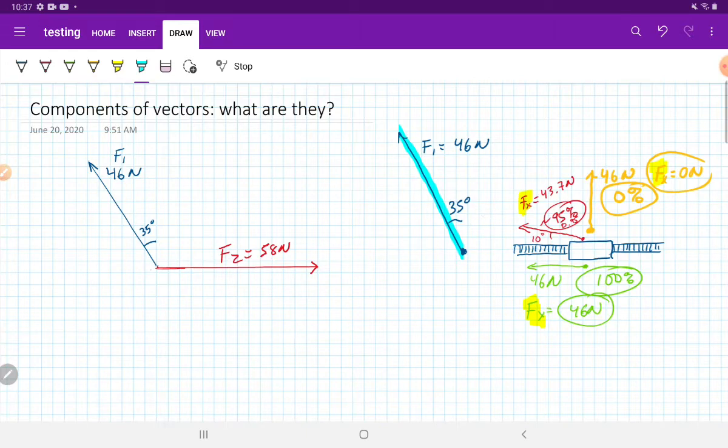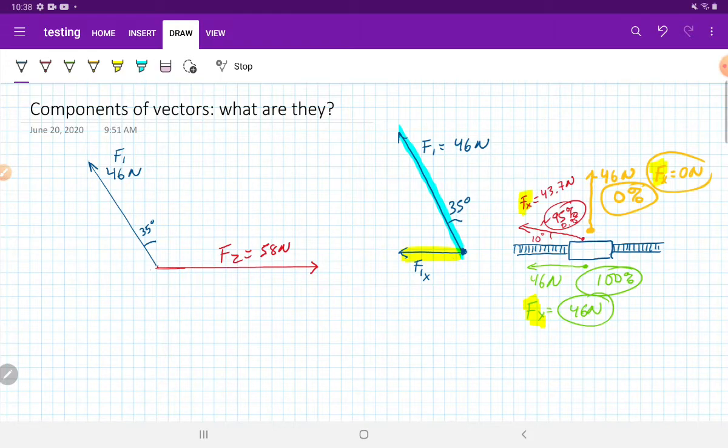But the component in the X direction is how much of this is actually moving sideways. And if you look at it, it would be something like that. That would be the force 1 in the X direction. That's the X component of force 1.